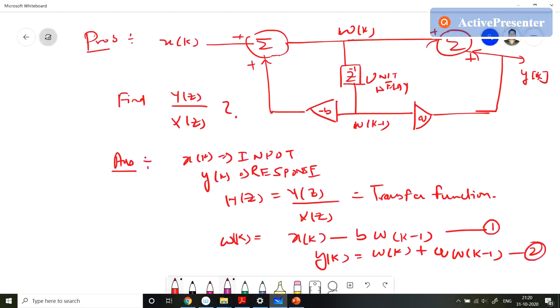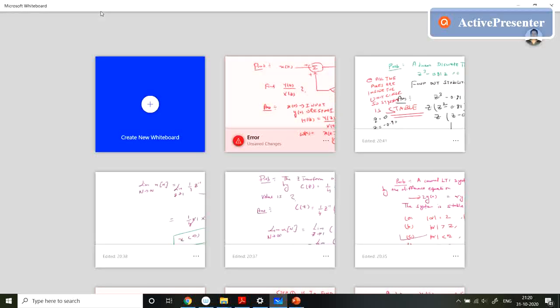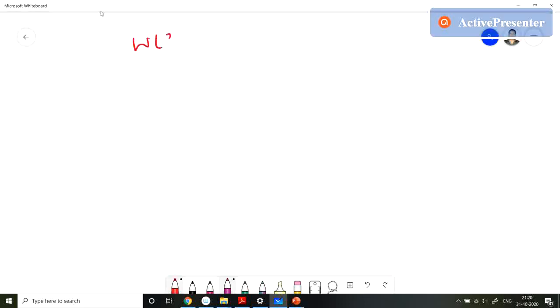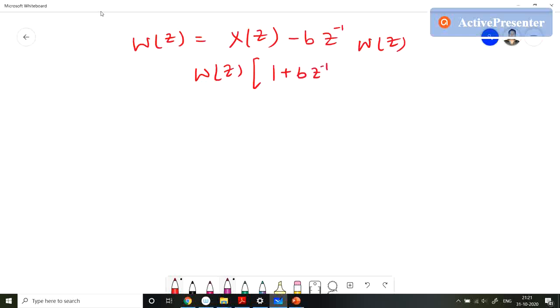Taking the z transform on both equations, what will we get? The z transform of w(k) is W(z), and of x(k) is X(z), then minus b z inverse W(z). We can write the W(z) terms together: 1 plus b z inverse times W(z) is equal to X(z).